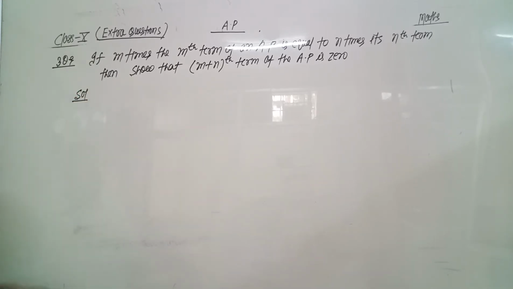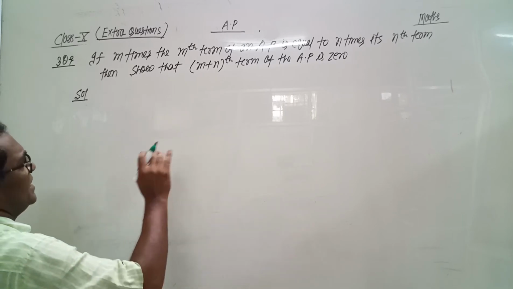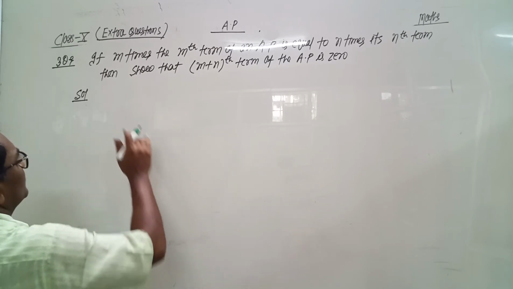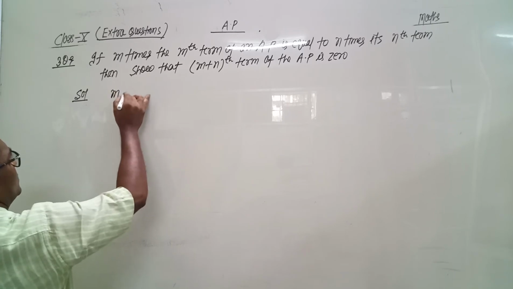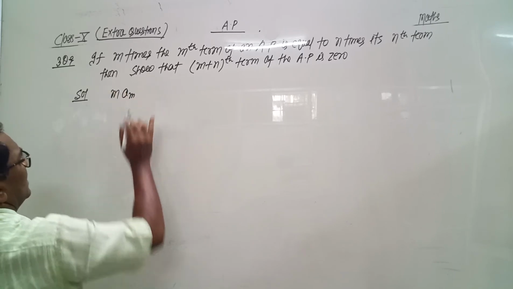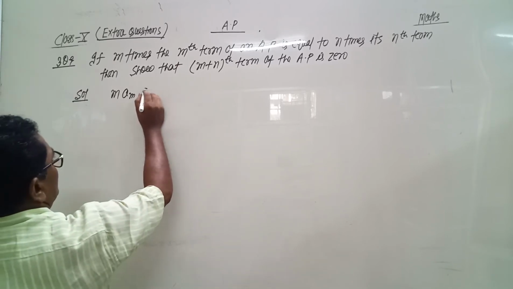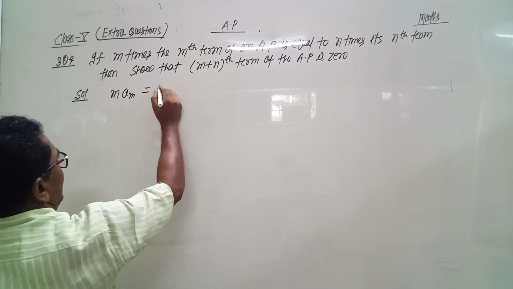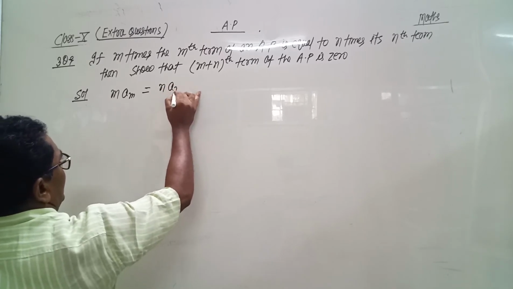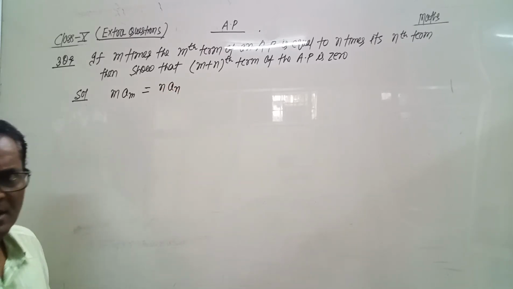So what is given? We are given that m times the mth term, m into am, is equal to n times the nth term, n into an.